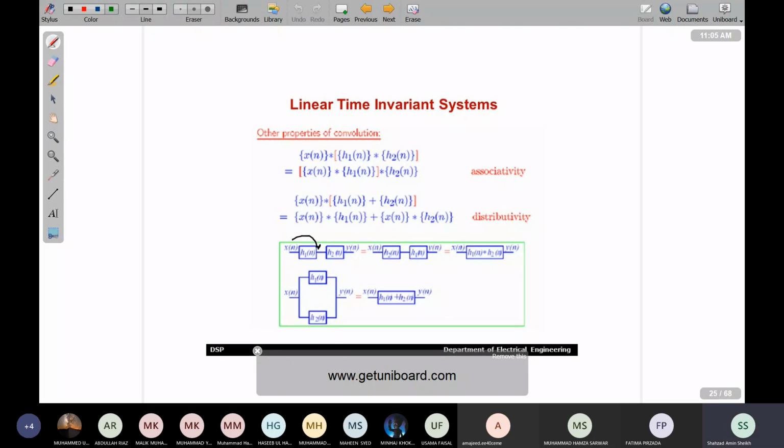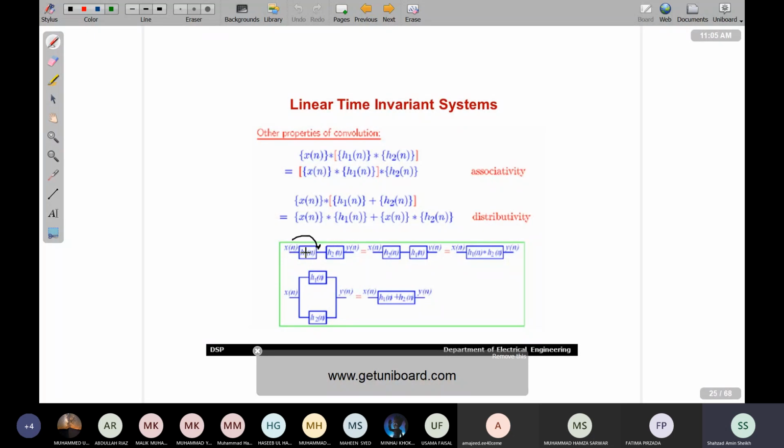Okay, so for linear time invariant systems, the convolution property holds for associativity and distributivity. This is कि अगर आपके पास एक ऐसा system है, in which x of n is being thrown into this system, and there is another system cascaded with that. So there are two ways.